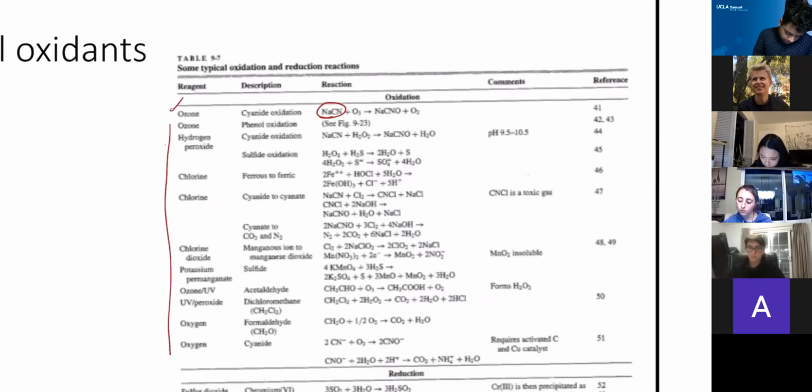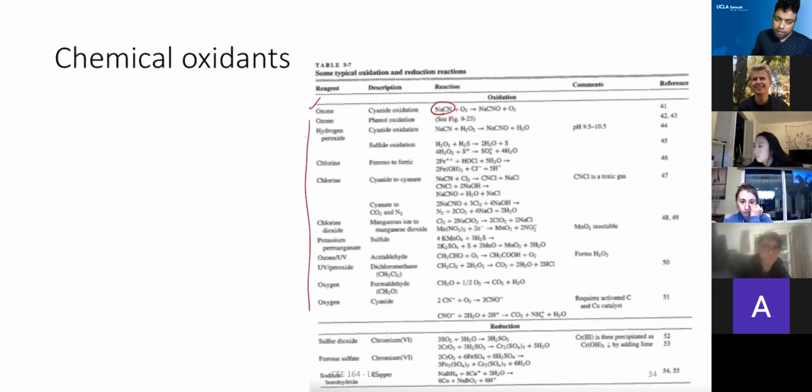These are all the reagents given, and the equation tells you what the byproduct is. If you know this equation, you can tell how many moles of oxidant are needed. Again, you may not see that here, but you can look at your handouts, where you can see it clearly.